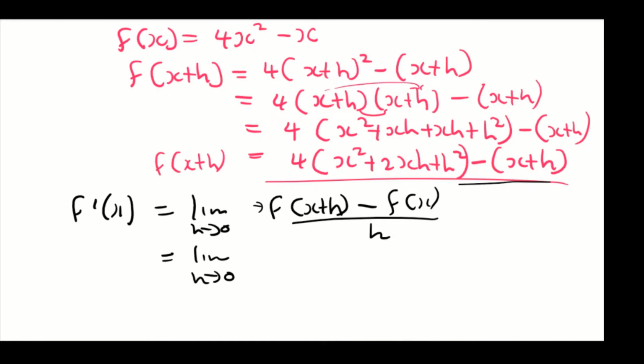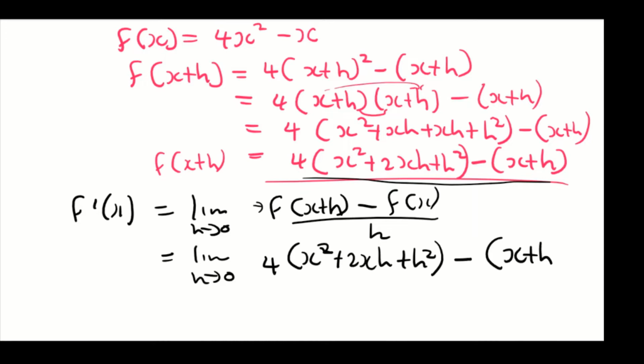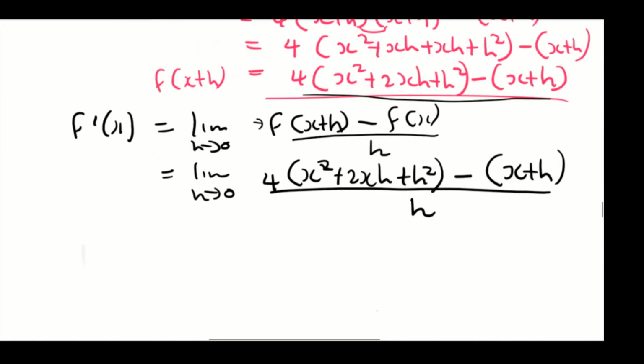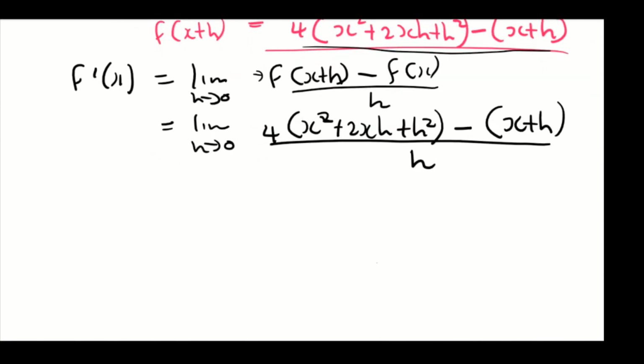It is this expression here: 4 into x squared plus 2xh plus h squared, close bracket, minus into x plus h, divided by h. Then we're just going to multiply the 4 inside here.